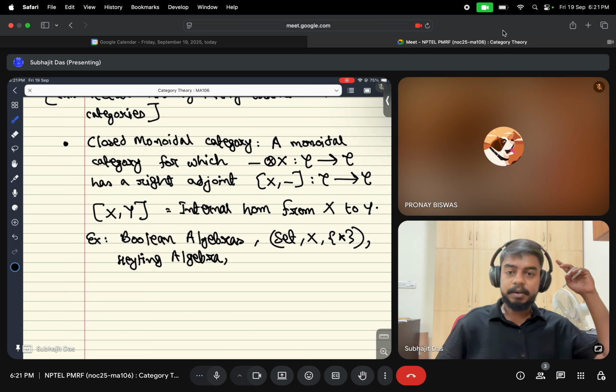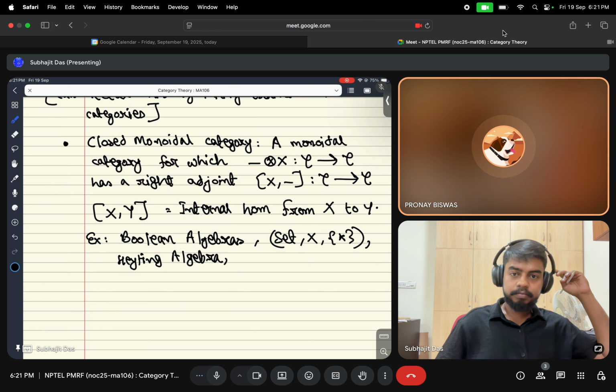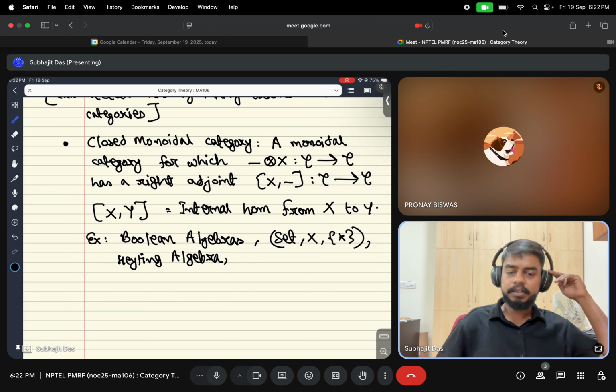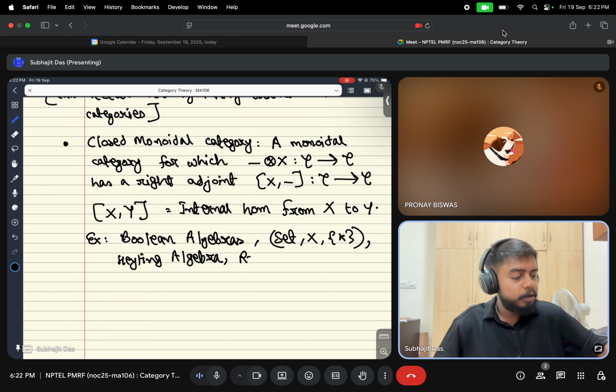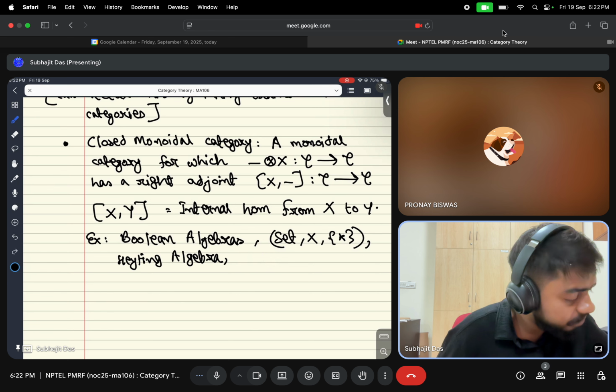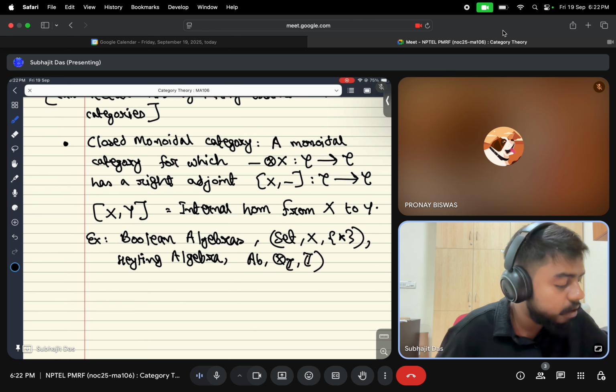And what else? One more. Okay, that is again of the same nature as this one. How about the category of R modules? Or let's keep it simple, Ab, abelian groups, tensored with Z. This is also a closed monoidal category.